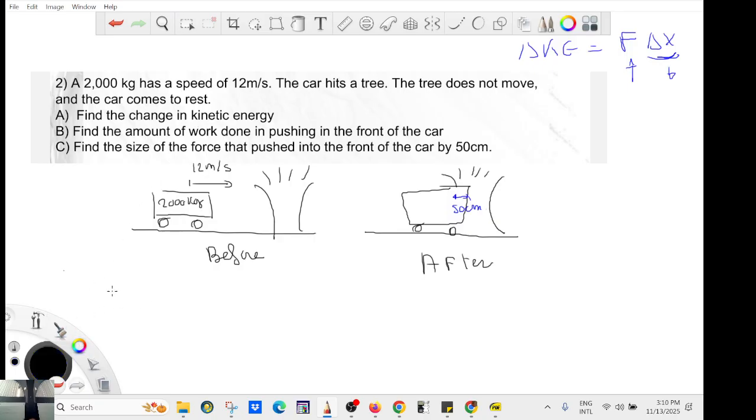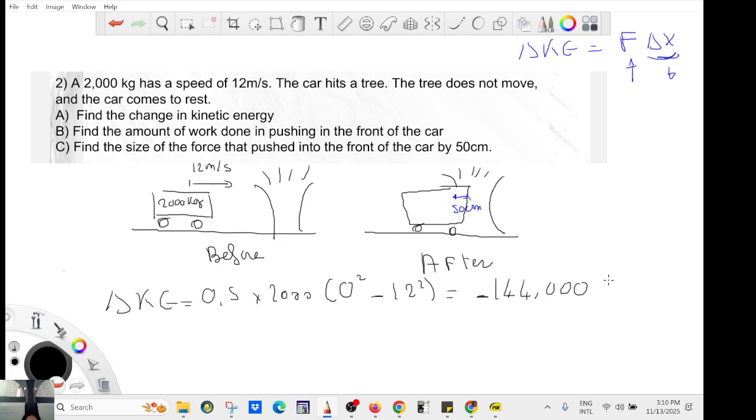So to find the change in kinetic energy, that's going to be 0.5 times 2000 times the final speed of 0 minus the initial speed of 12 squared. So that's going to be negative. Did you get that?